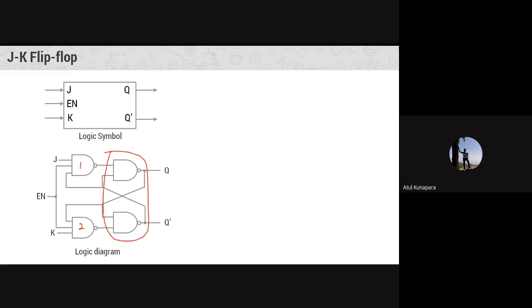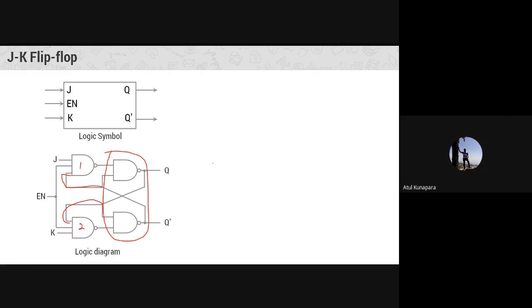Apart from the latch, 2 extra NAND gates are connected, but these NAND gates have 3 inputs. The third input is taken from the output of the latch. You can see here, from one output of the latch it is connected here, as well as from the other output it is connected here. So that is the thing you have to understand.